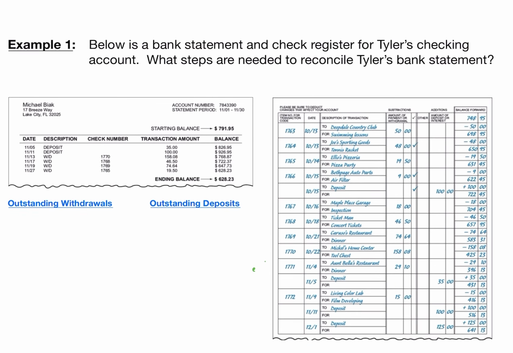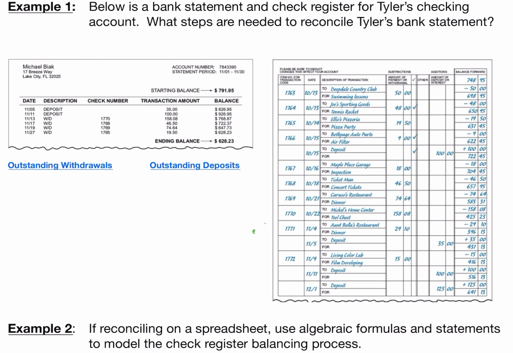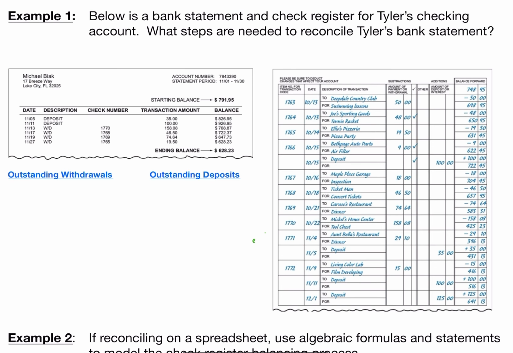Okay, now let's go through the process of reconciling your bank account. Okay, so in front of you, you have a picture on the left, which is a sample of a bank statement, and then on the right is your check register.